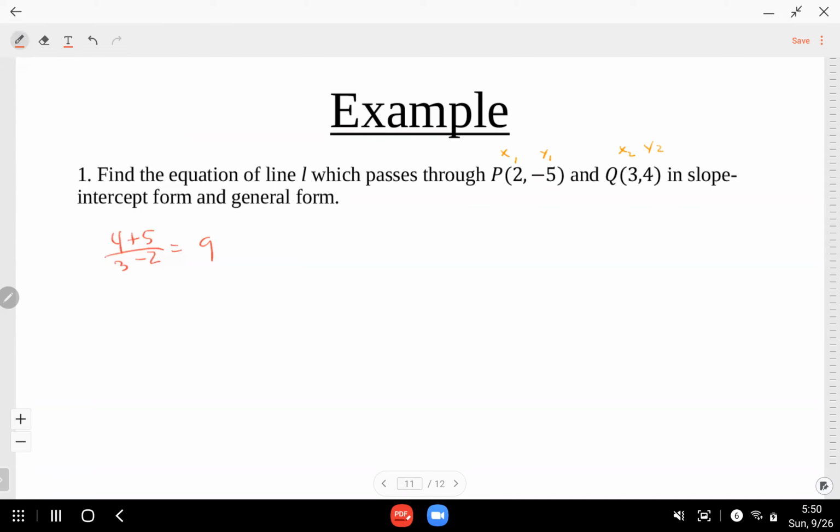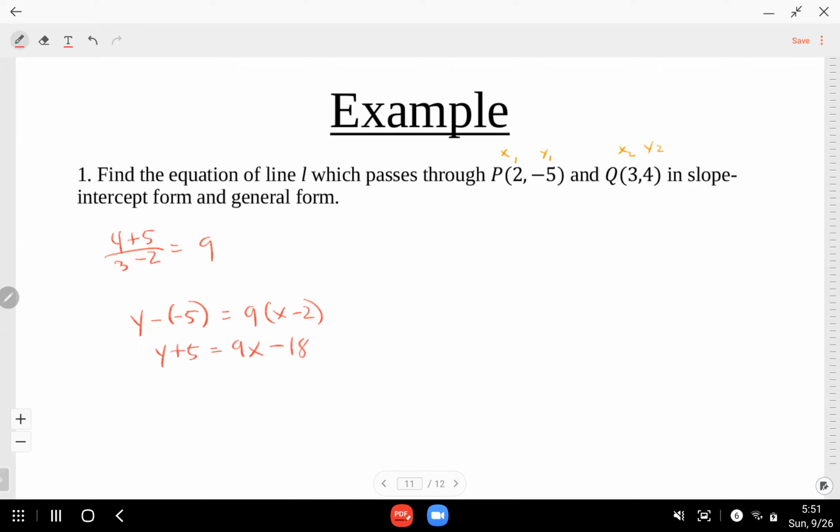So now you are given 2 points as well, so you just choose one and stick with it. I'm going to choose (2, -5). y minus -5 equals 9 times x minus 2. You just plug it into the point slope form. Then you get y plus 5 equals 9x minus 18.